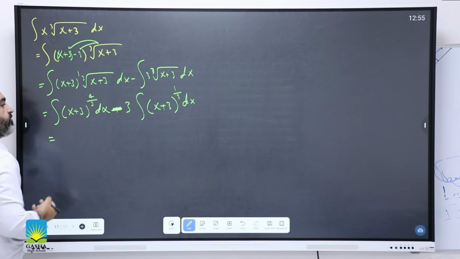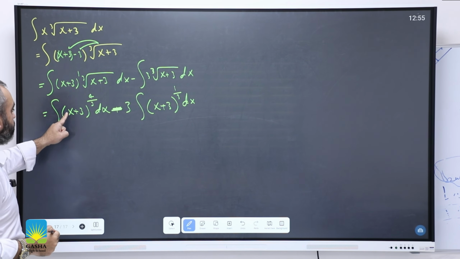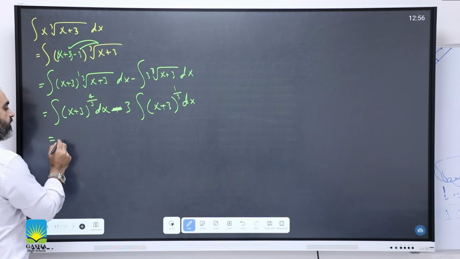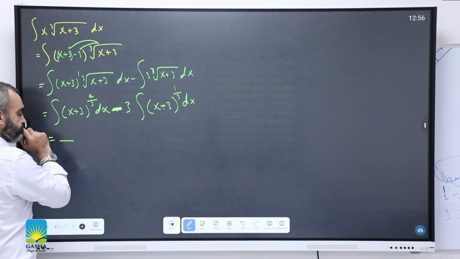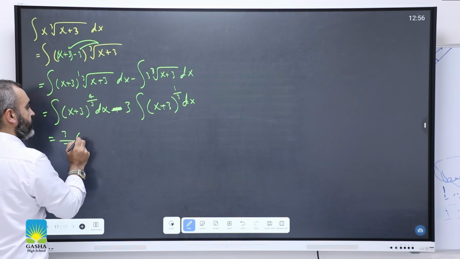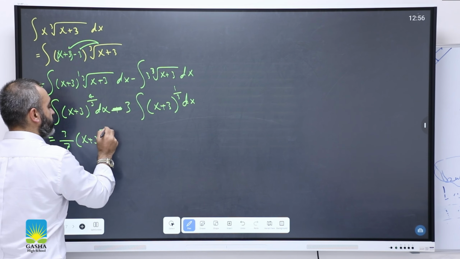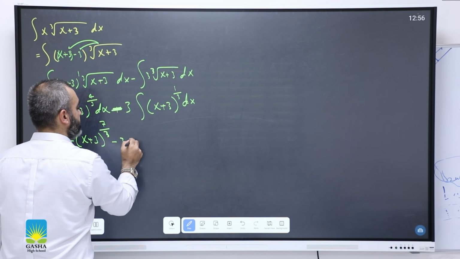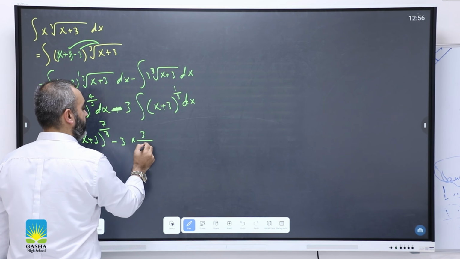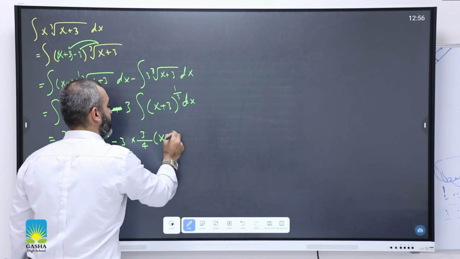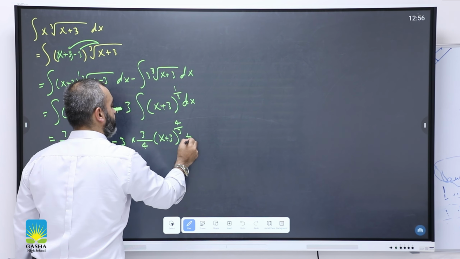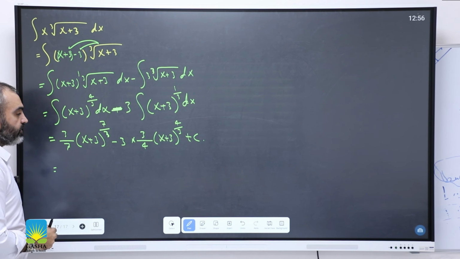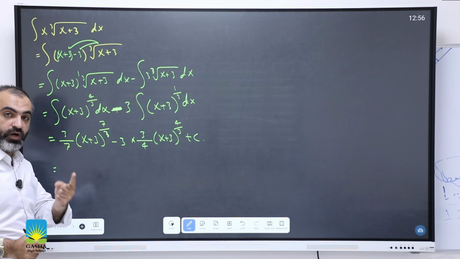What is the derivative for this? It's 1, so the 1 goes outside the bracket. So this is 3 over 7 times (x plus 3) to the power of 7 over 3, minus 3 times 3 over 4 times (x plus 3) to the power of 4 over 3. 7 divided by 3 is 2 and the remainder is 1.